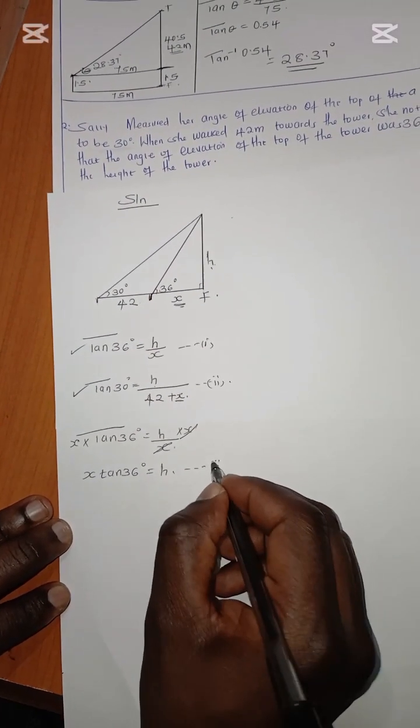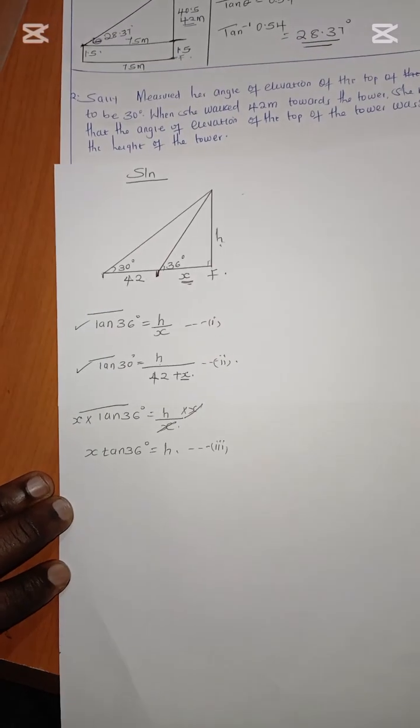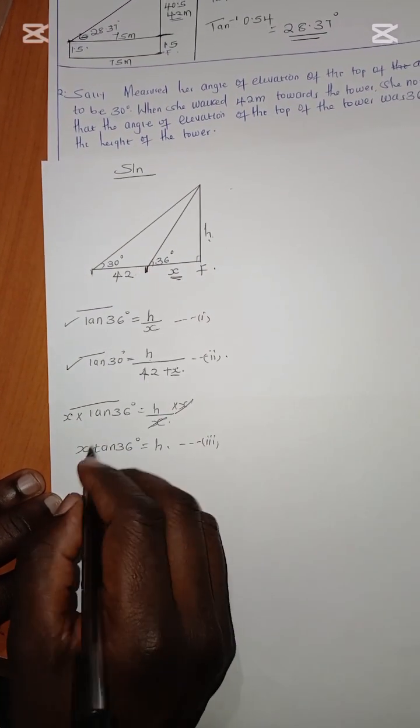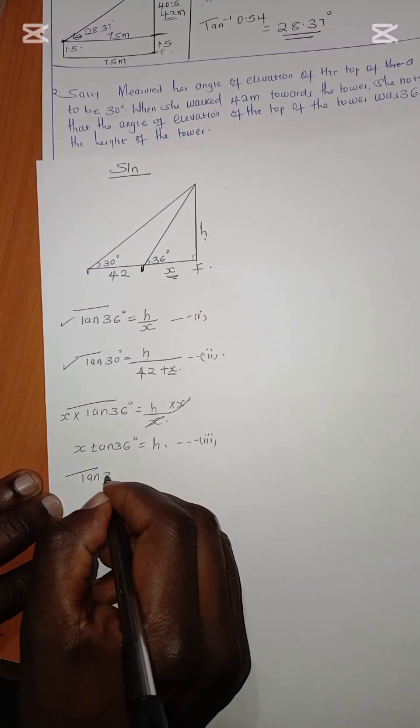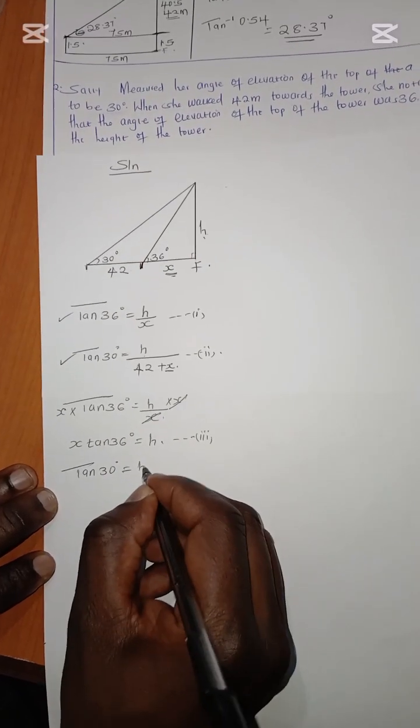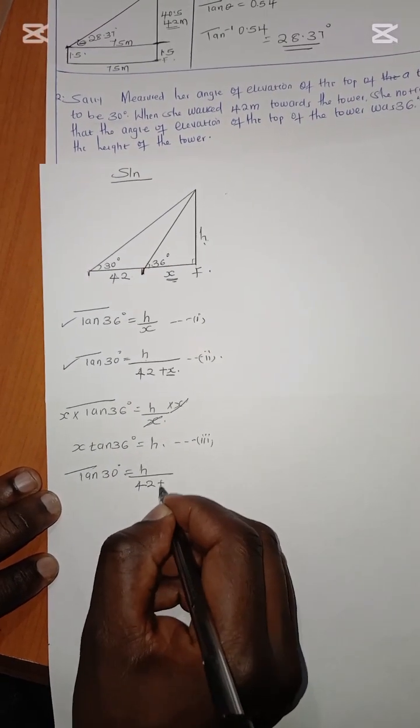From equation 1, it shifts to equation 3. Then again, we have the second one, which is tan 30 degrees equals height all over 42 plus x.